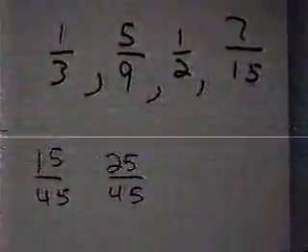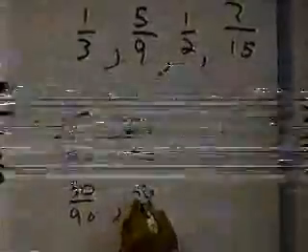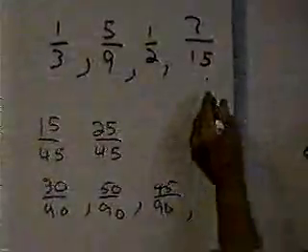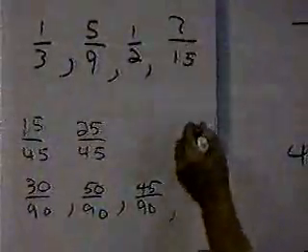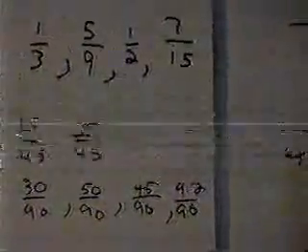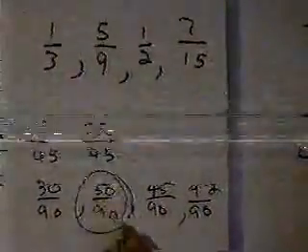We need to make that 90s, okay? So let's come back and make this 30 over 90, and make this 50 over 90, and make this 45 over 90, and then 6 times that would be 42 over 90. So now when we have it over the same denominator, we can tell which one's larger.